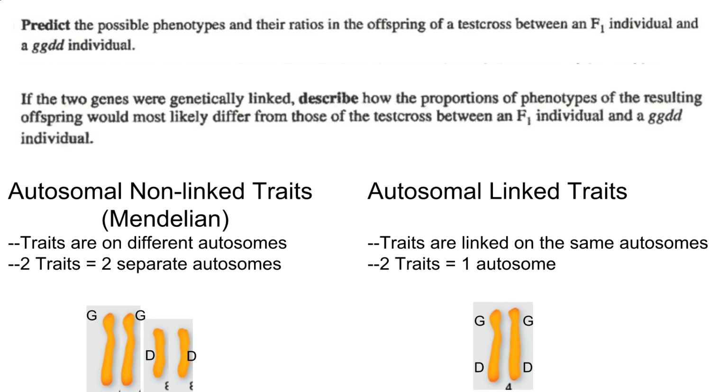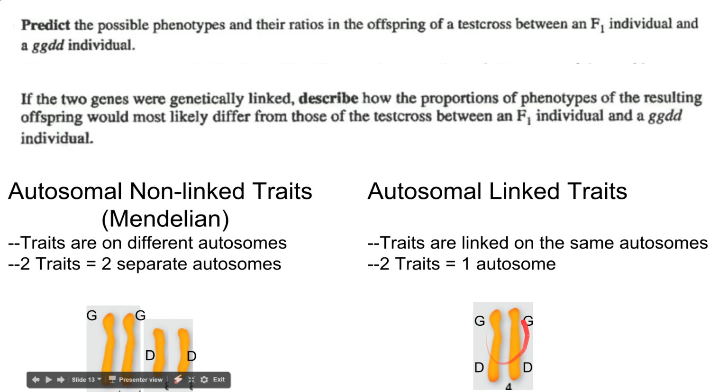Okay, so now let's get actually into the question a little bit here. Predict the possible phenotypes and their ratios in the offspring of a test cross between an F1 individual and a GGDD individual. And that's where we were 1 to 1 to 1 to 1 with non-linked. Now it's saying, how would it be different? How would the proportions of phenotypes differ from those of the test cross if they were linked?